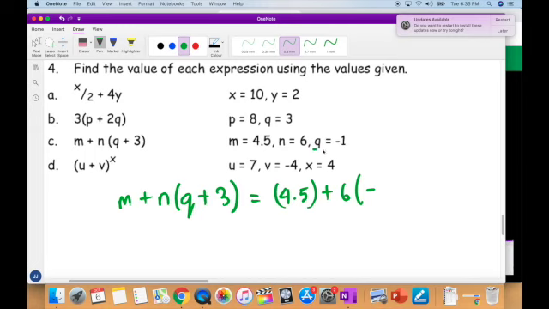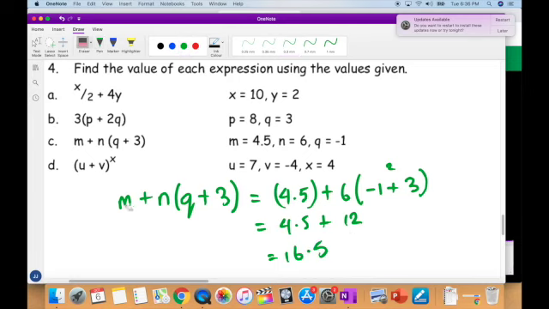Isn't q negative 1? Oh, you put this 3 here. Yeah. Oh, okay, yeah. Careful, right? So m is 4.5, n is 6 and q is negative 1. So 4.5 plus, now 3 minus 1 gives us 2 inside here. 6 2s are 12. So 12, 13, 14, 15, 16.5.